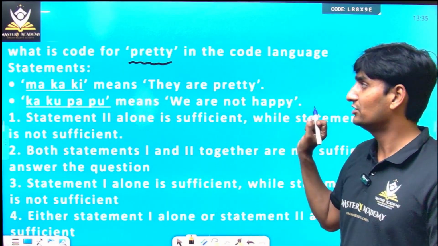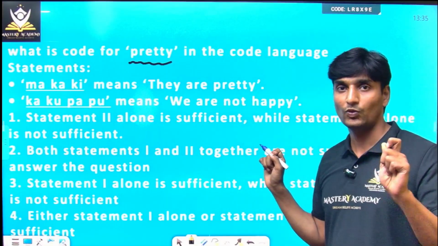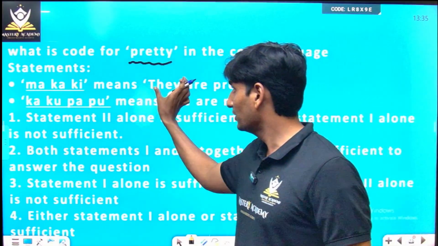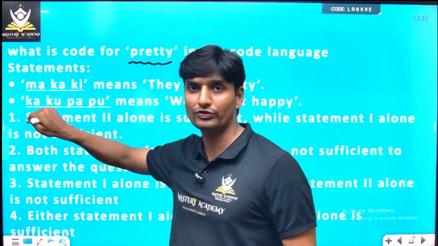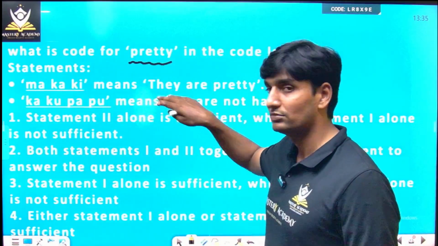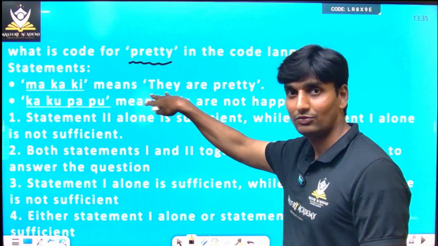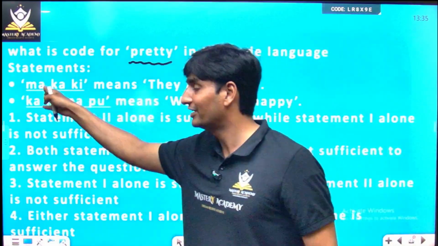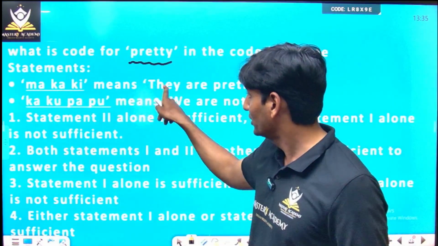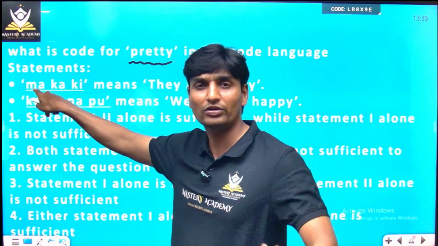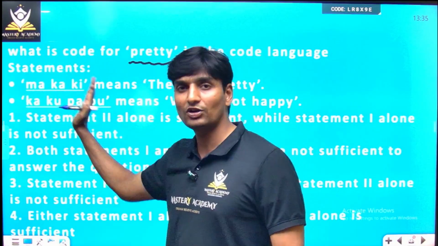See here, a large number of candidates commit a mistake. What mistake? They take the words in the respective positions. They think this "they" means yame. What I'm trying to say is that they does not necessarily mean yame. They might shift the codes here.